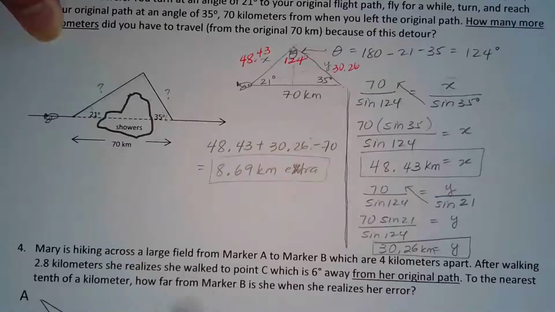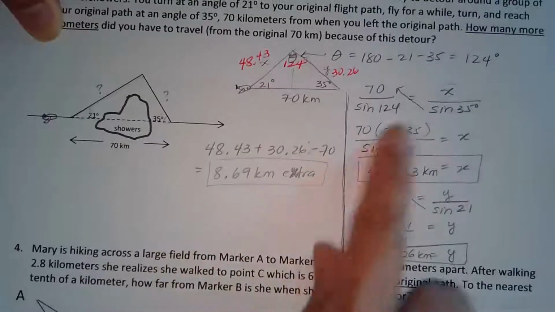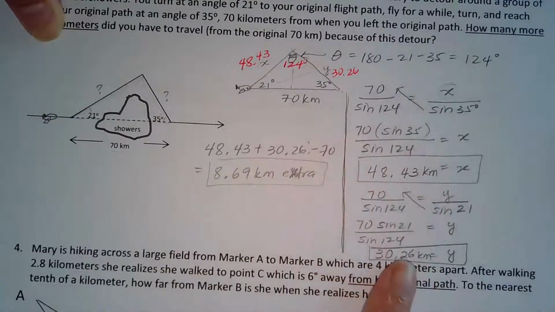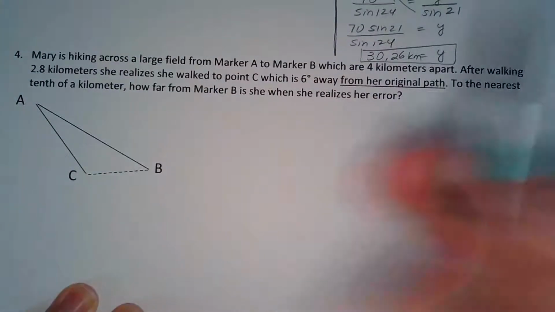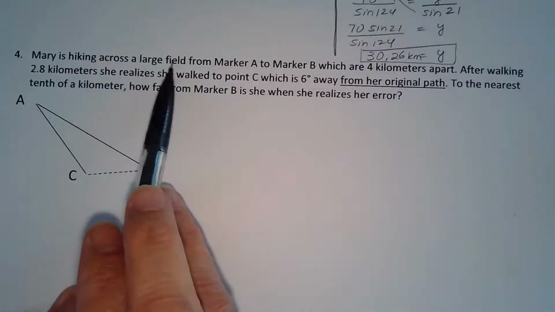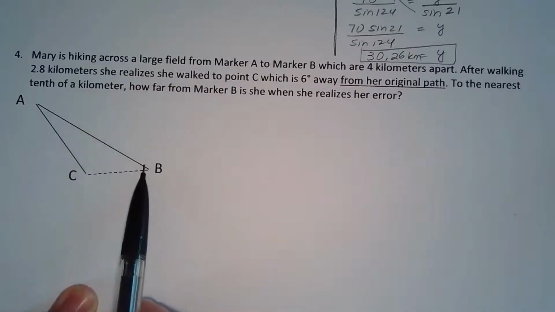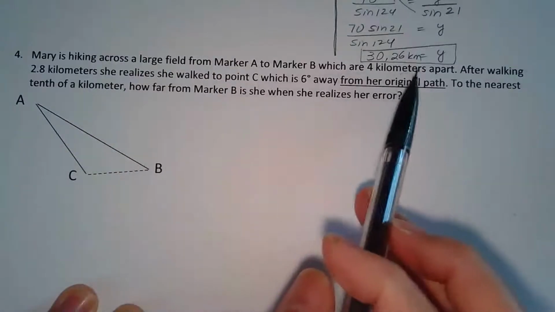As you can see, it seems like we have to solve for all of the missing parts, and more. That's a great question. Take a look at question number 4. Mary is hiking across a large field from marker A to marker B, which is 4 kilometers apart.